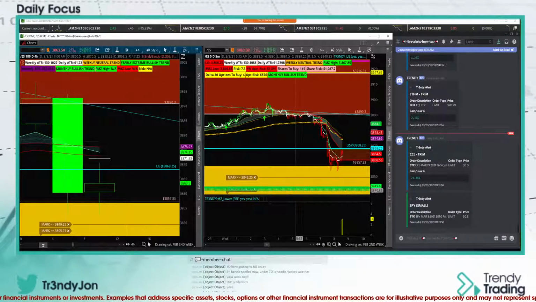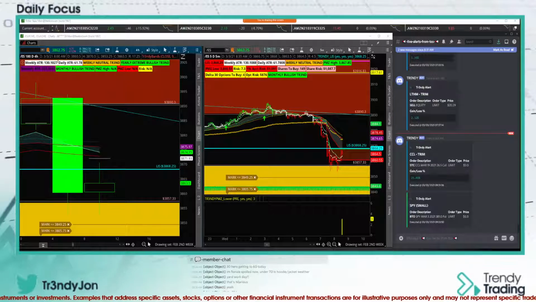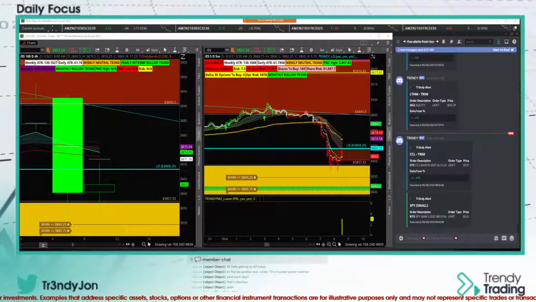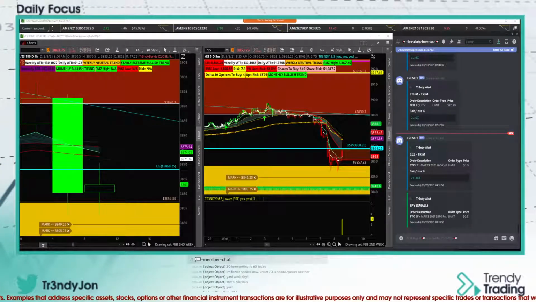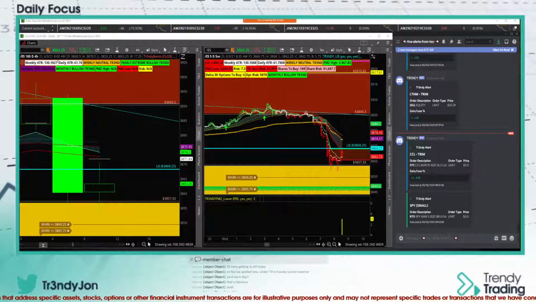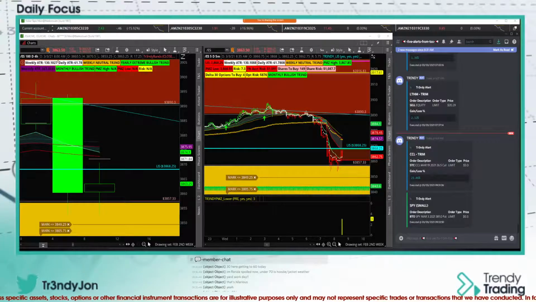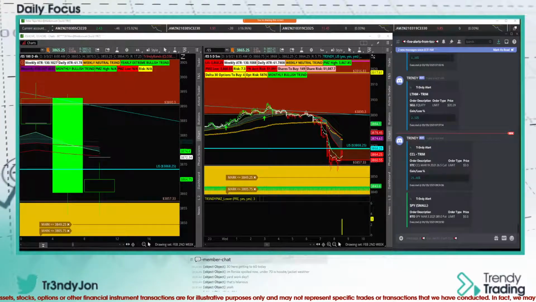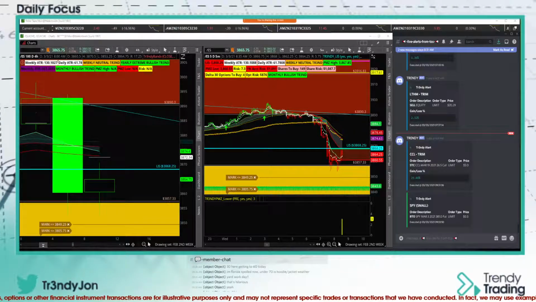All right, guys, so we're already up on the SPY puts. I'd like to see something come through. You're up 25%. So again, just quick little wins here and there, 29%.